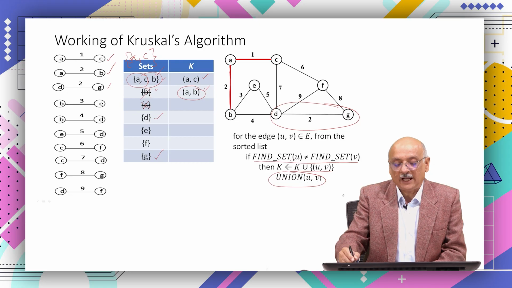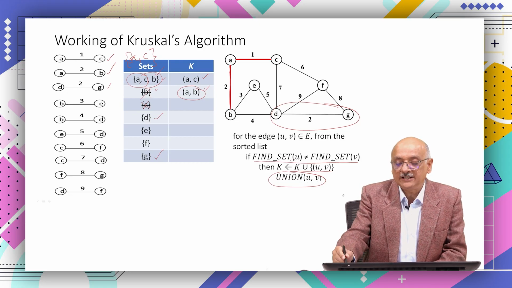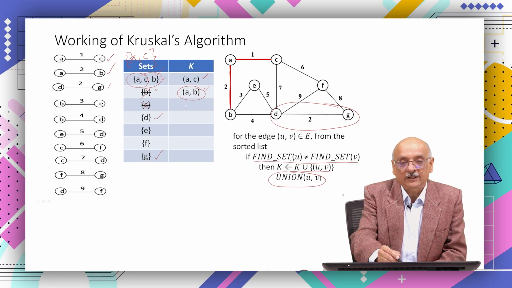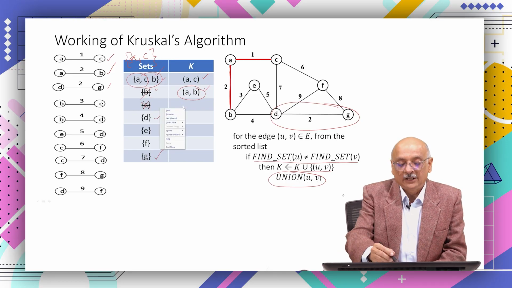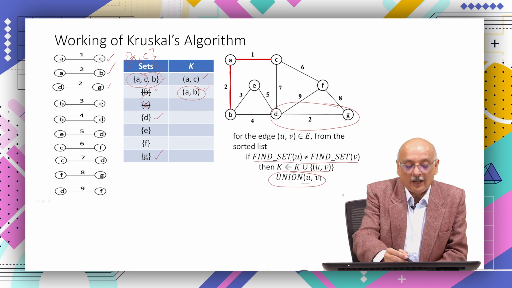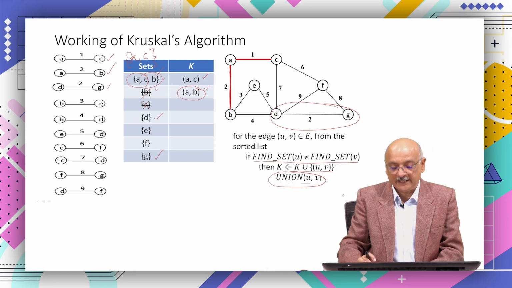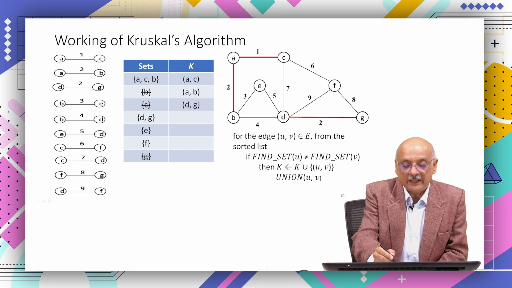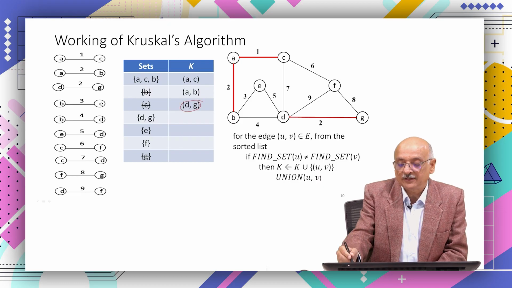So we want to add the edge DG into this particular graph, and thereafter we will need to perform union of D as well as G. That will become DG. So we have added this particular edge.